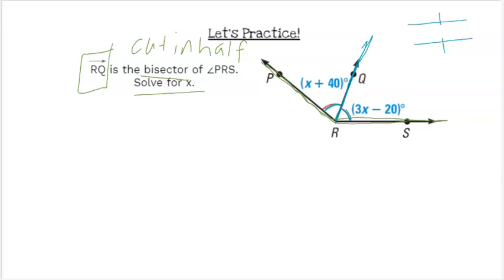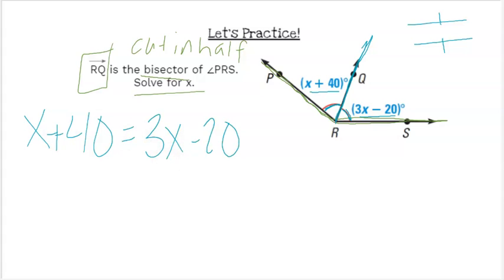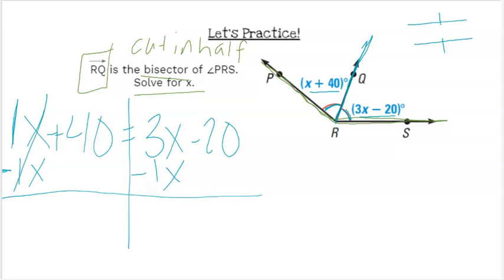We know that x plus 40, that angle, is going to be equal to 3x minus 20. These measurements are going to be the same because those angles are congruent, which means we can just set our two pieces equal and solve for x. 1x needs to move over to join that 3x, so we can subtract 1x on both sides.